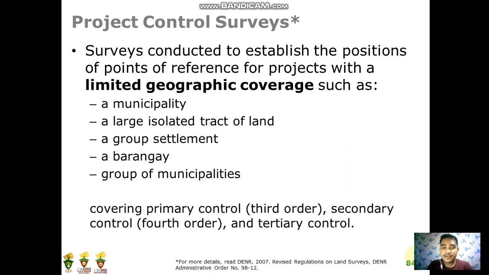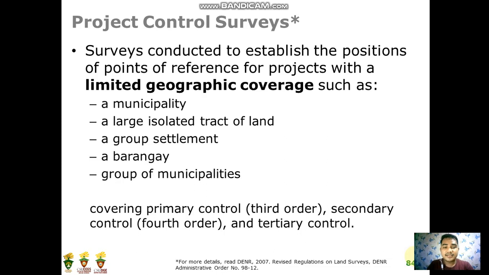Project control surveys, again, it's a surveys conducted to establish the position of points of reference for projects with a limited geographic coverage. Limited, gagmay lang siya. Kasi project is under na siya pang geodetic control surveys.